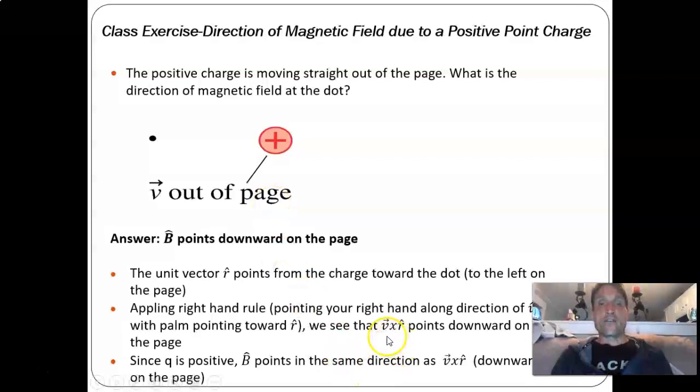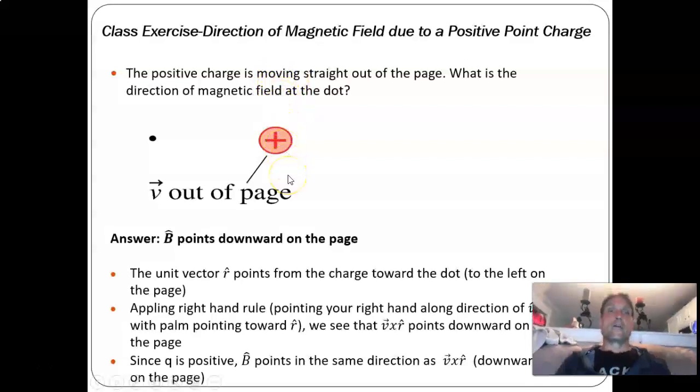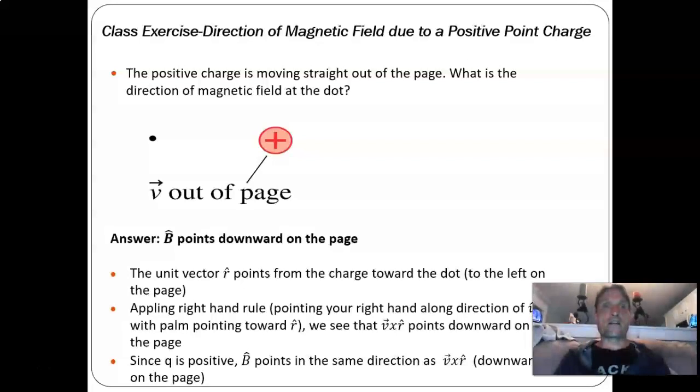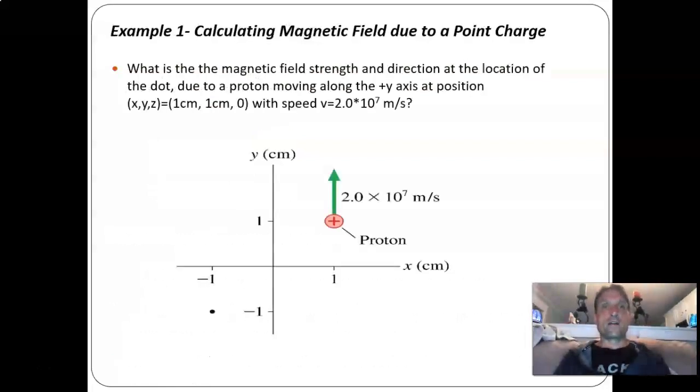Now the sign of Q is positive, and so B will point in the same direction as V cross R, which means downward in the page. If this were an electron, we would have to flip it, and that would give us a direction upward for the magnetic field. So you should be getting a little better by now, a little more comfortable, although it still takes some practice with the right-hand rule. We'll just continue to get more practice as the chapter goes on.